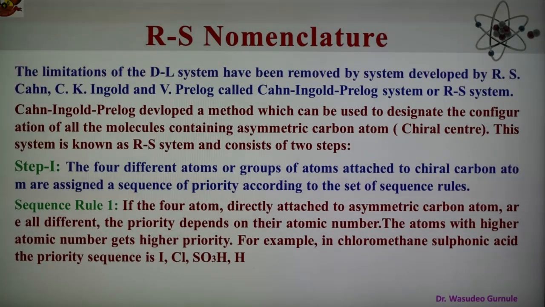Step 1 consists of 3 sequence rules. So what are sequence rules 1, 2, 3? How do we know the priority order of the atoms or groups of atoms in the organic compound? That we are going to see.